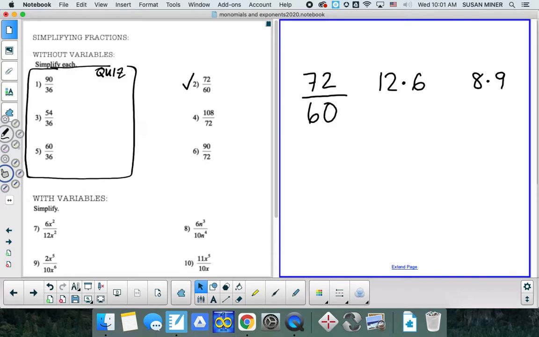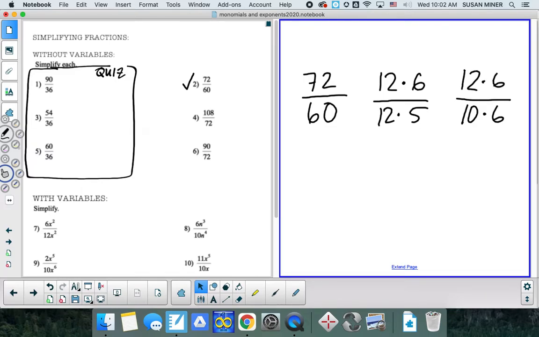Then also, I think about numbers that I can multiply together to get 60. 6 times 10 would be one, right? Another way that I could get 60 would be 12 times 5. And so I'm looking for those numbers that I multiplied together to make, let's take into account also 10 times 6.